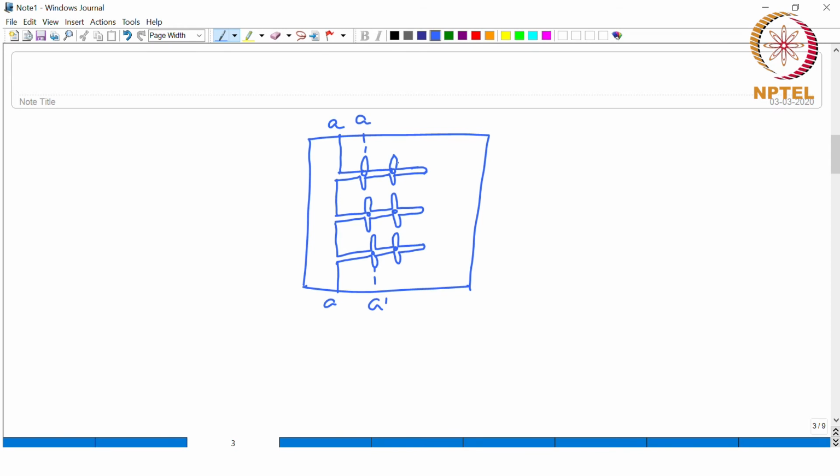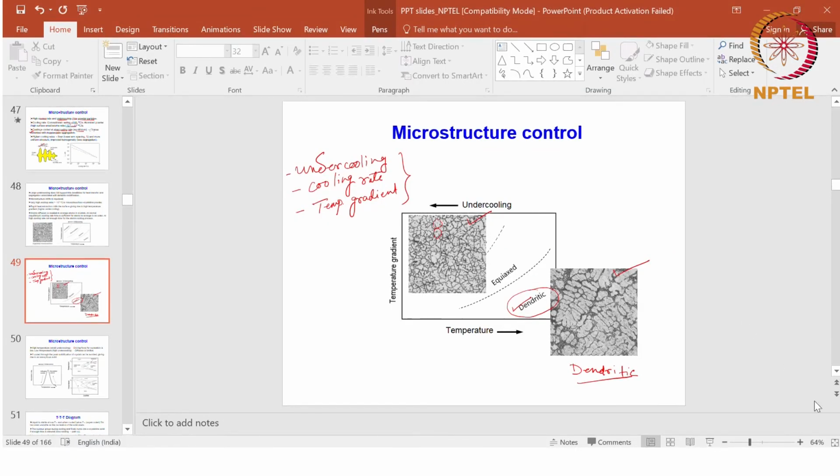Okay. So, like that you may also have the growth of the tertiary arms branching off from the secondary arms, which will ultimately give rise to a structure that we have seen before in here. Okay.